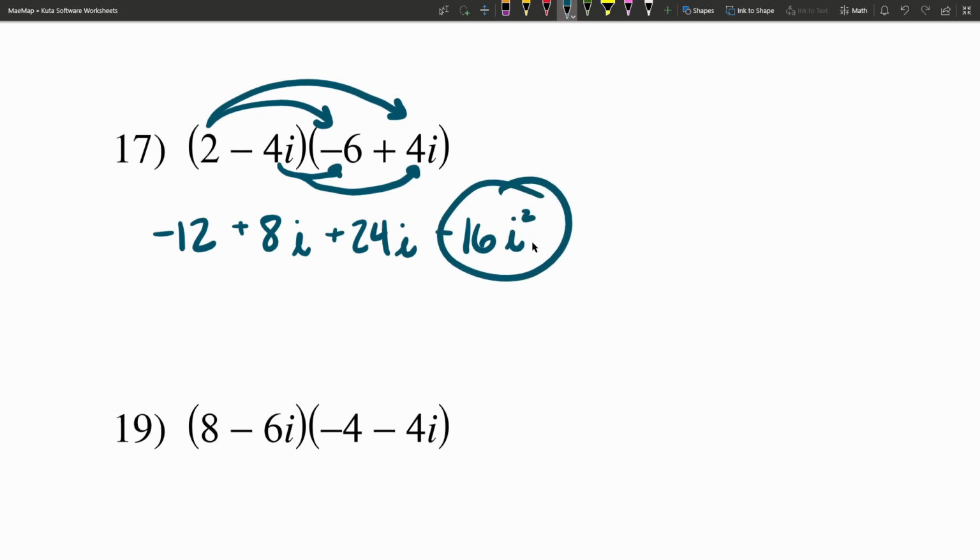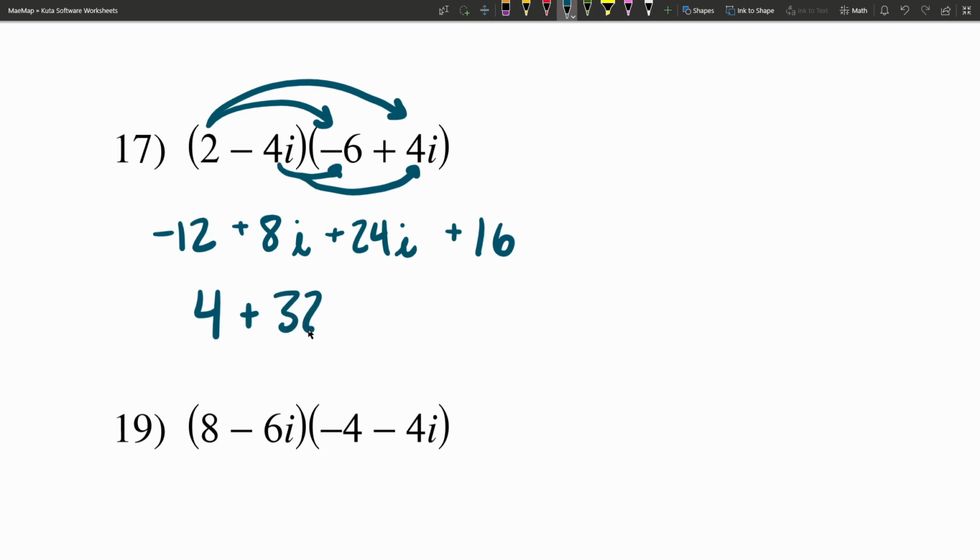This 16i squared we can rewrite as 16 times negative 1, which is negative 16. So subtracting a negative 16 is the same as adding a positive 16. Negative 12 plus 16 is a positive 4, and we're adding that to 8i plus 24i, which results in 32i. So our complex number in number 17 is 4 plus 32i.